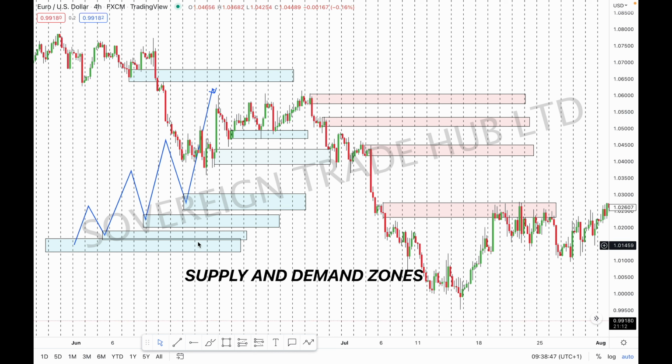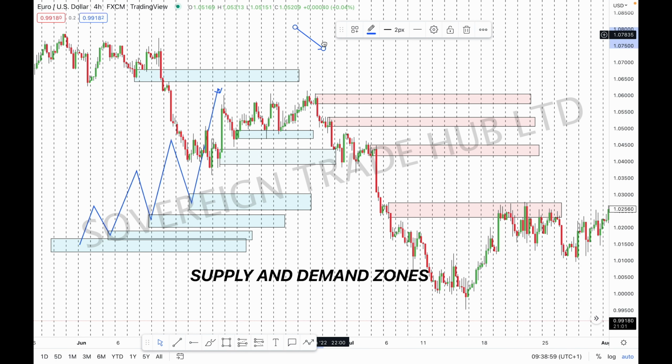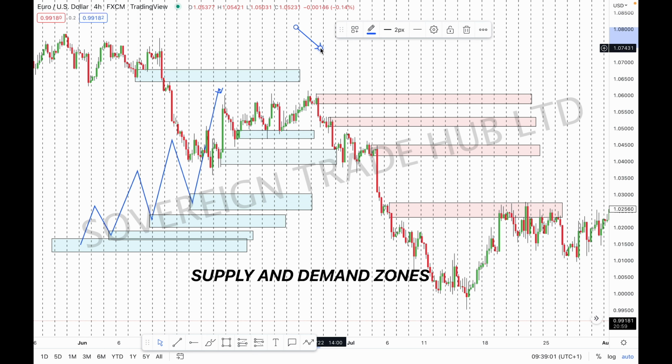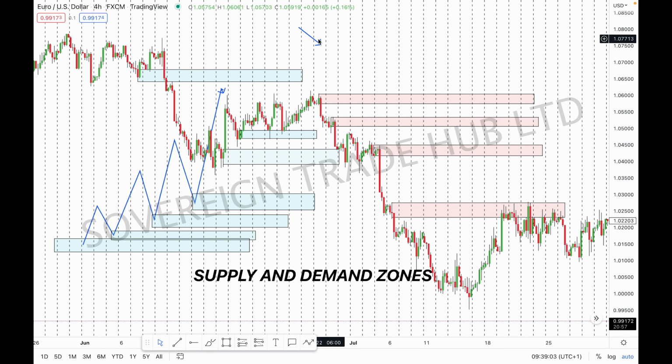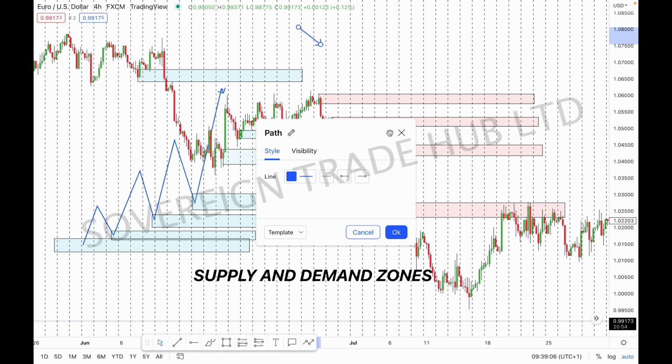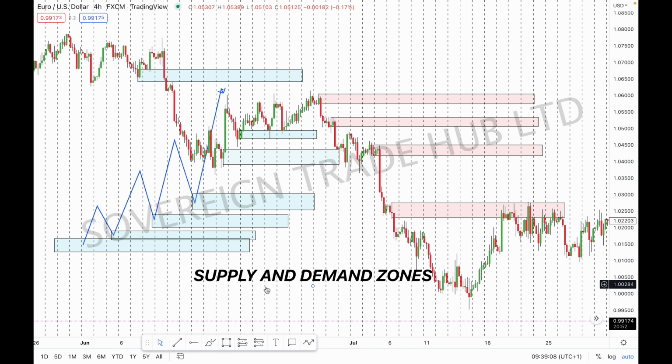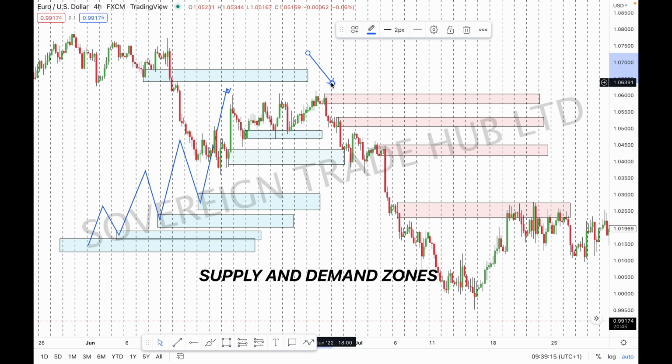Or let me say another diagram like this, where the market was trying to sell and then did something like this. Let me take this off first. Notice something of this nature on your chart.